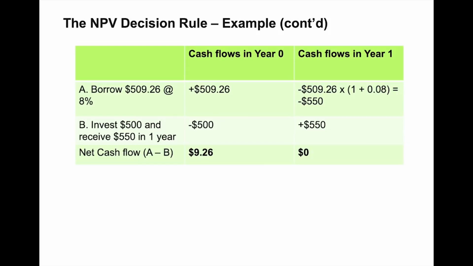So the net cash flow in year 0 is the $9.26. The cash flows in year 1, we can see that we have a cash outflow when we pay back the bank $550, and then we have a cash inflow of $550 that we receive from our investment. So our net cash flow in year 1 is $0.